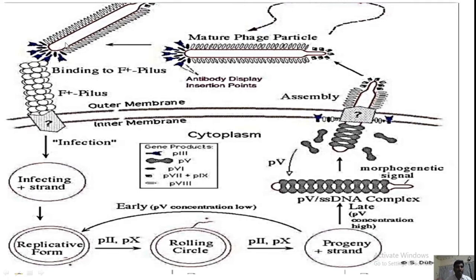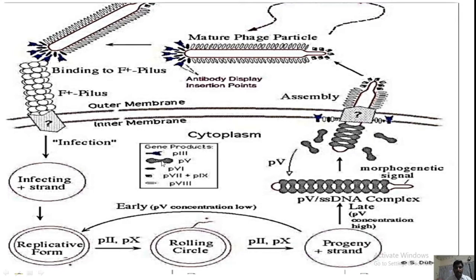This is the genome of it, and it is covered by gene 8 protein. These are the subunits of gene 8 proteins, and at one end of the M13 phage, it has 5 to 8 copies of the gene 3 proteins. I have already told you that this gene 3 protein interacts with the sex pilus of the bacteria.